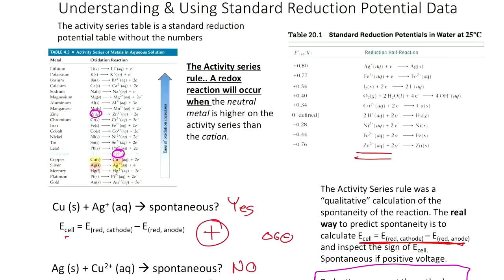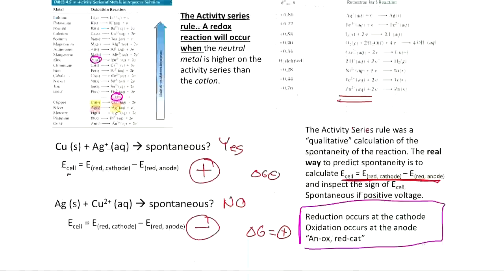So these are all written as reduction half reactions, where silver plus is gaining an electron to make silver solid. So there's a small little difference here. See how silver is at the top of this table, but kind of at the bottom of this table? That's because we've flipped the reaction for our standard reduction potential. So you see the voltage that's produced for all of these half reactions. And I'll comment and explain how we use these half reactions to calculate spontaneous cells.